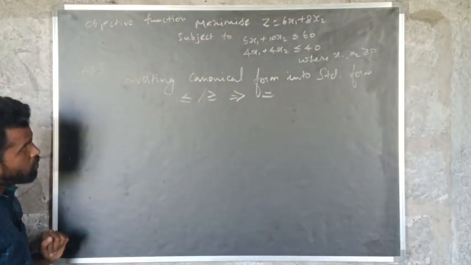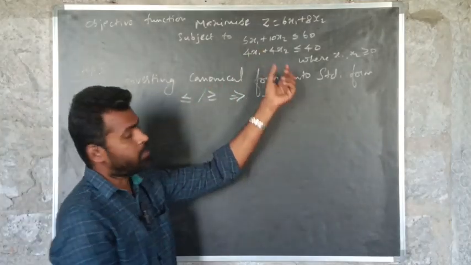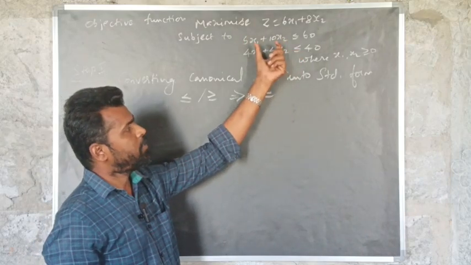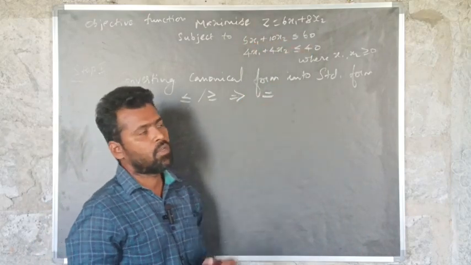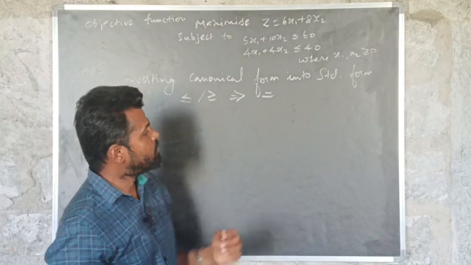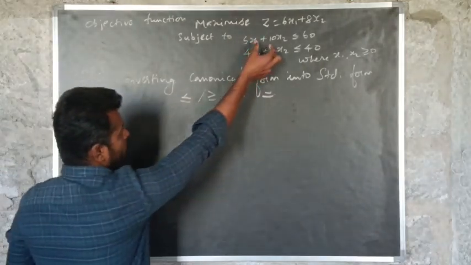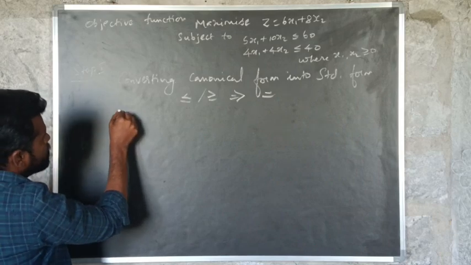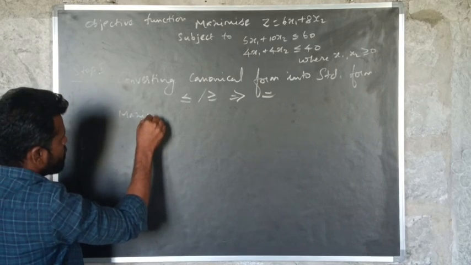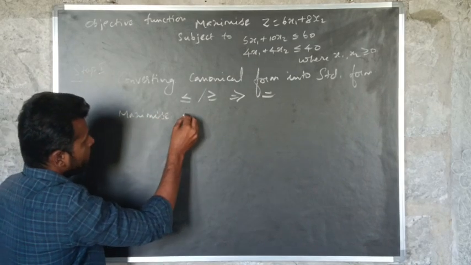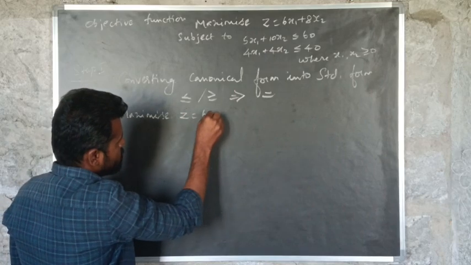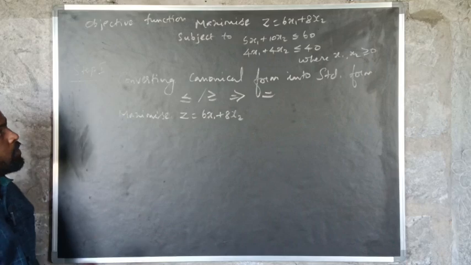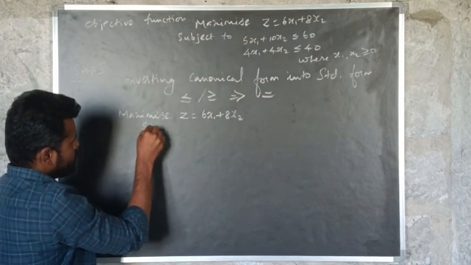Now to make the left hand side equal to the right hand side, since the left hand side of the equations is lesser than the right hand side, we are going to add one slack variable s1 in the constraint. We take the objective function maximize Z equal to 6x1 plus 8x2, subject to constraints.